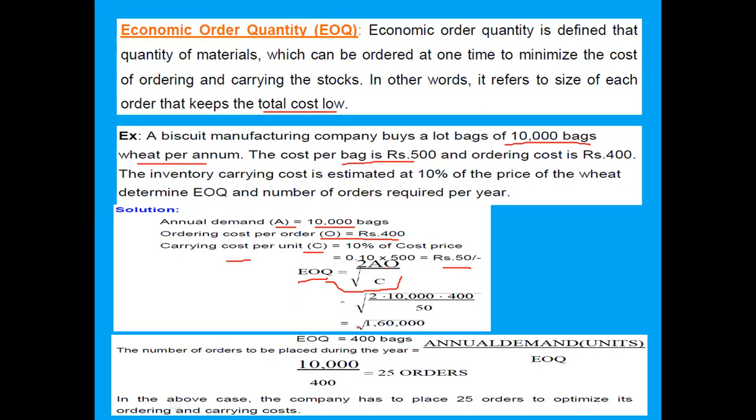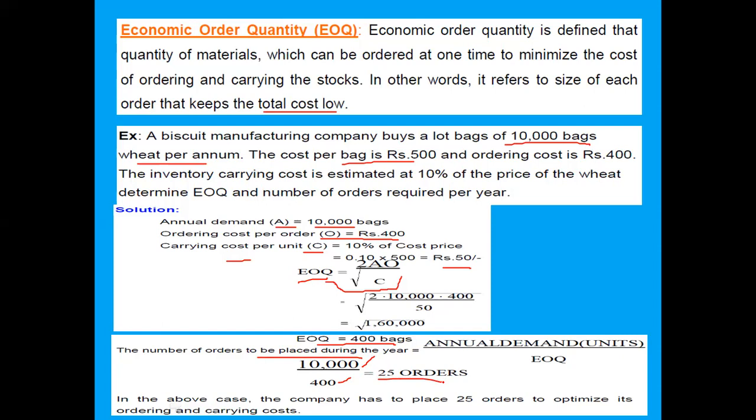So root of 1,60,000 gives EOQ equal to 400 bags you are purchasing. Now the number of orders to be placed during the year is annual demand divided by EOQ, that is 10,000 bags divided by 400 bags. So the annual number of orders to be placed during the year is 25 orders only.